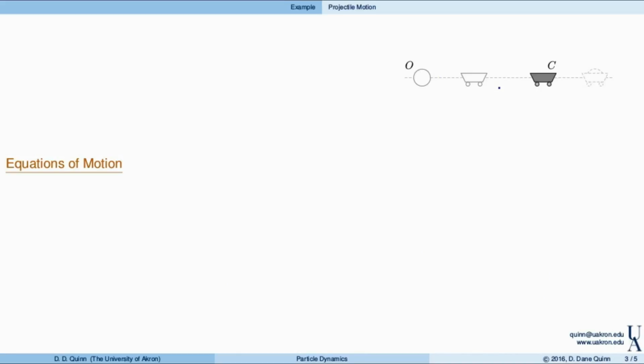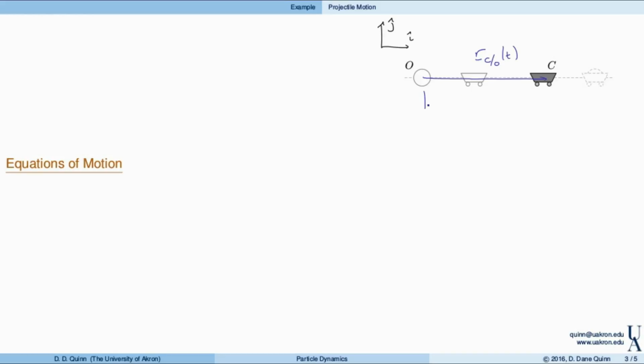So now looking at the cart, we'll do a similar procedure. Again, we have defined I and j as directions horizontal and vertical. Then the position of the cart, if the cart is described by a point C, the position of the cart is r of c with respect to O, and again a function of time.